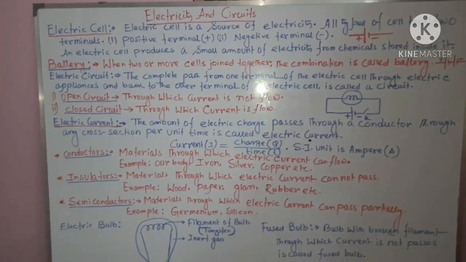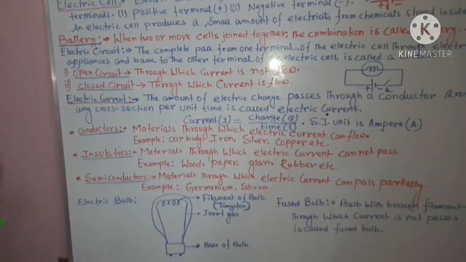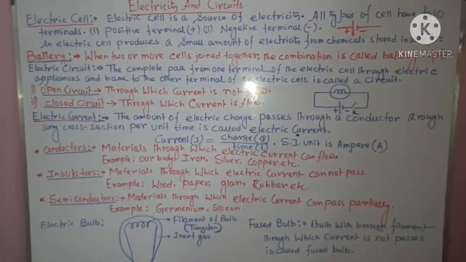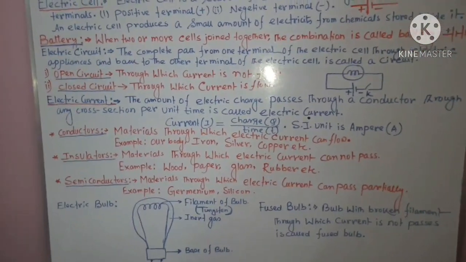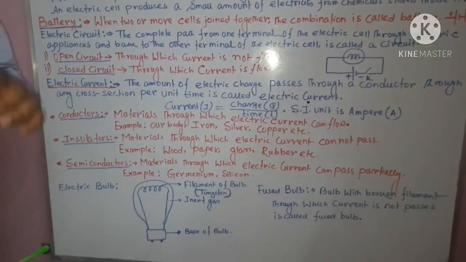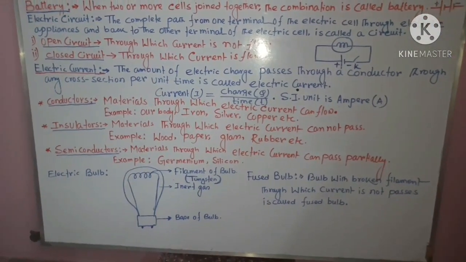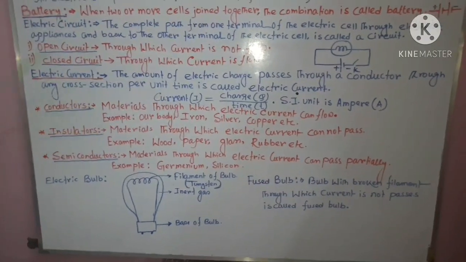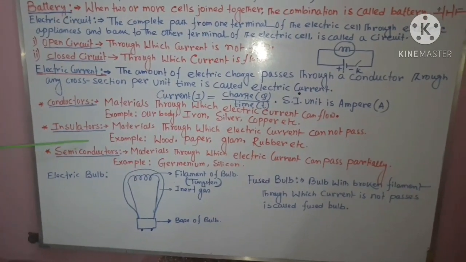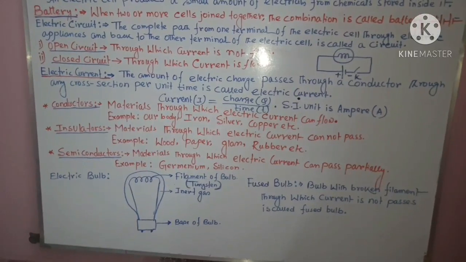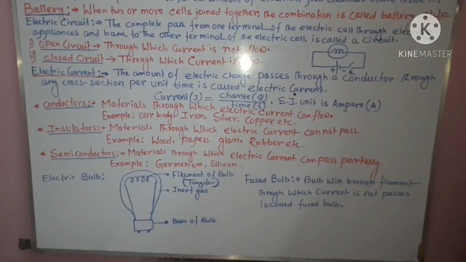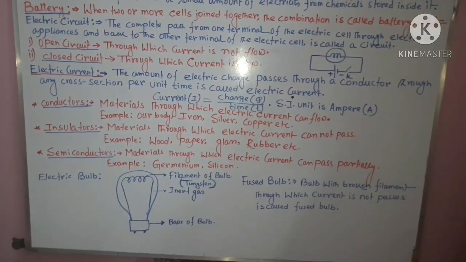Now student, depending on the passing of current through the materials in the universe, the materials are classified into three categories. Number 1, conductors. Number 2, insulators. Number 3, semiconductors. You have to know them one by one and their examples.